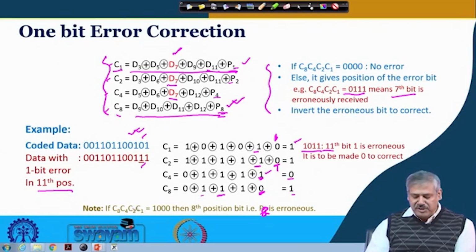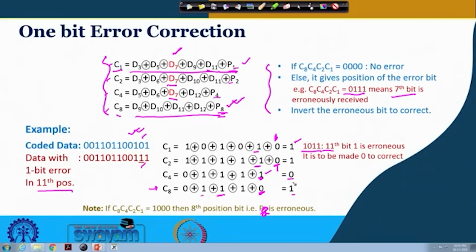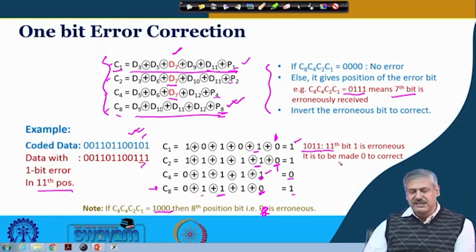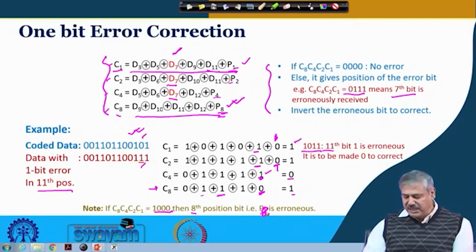Now this output will be showing 1 for C8, and since P8 is not there with any one of the others, all of them will show 0 because they are not getting affected, all those bits are in order. So 1 0 0 0 is what we will get, and finally you can say that the 8th position is erroneous, okay. Is it clear? So if it is the 8th position, then P8 is erroneous.